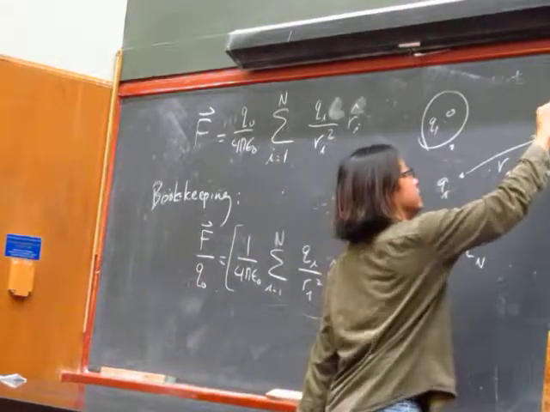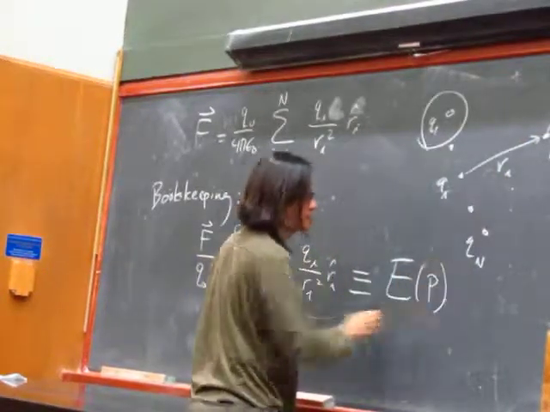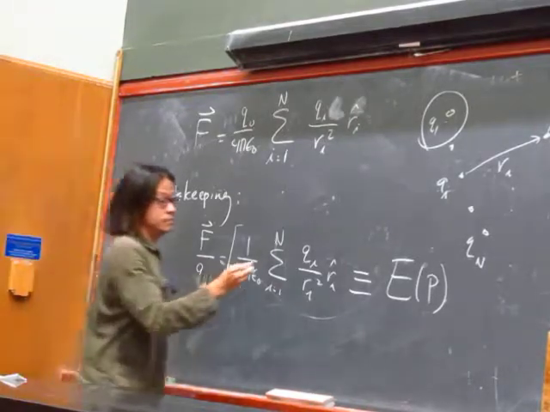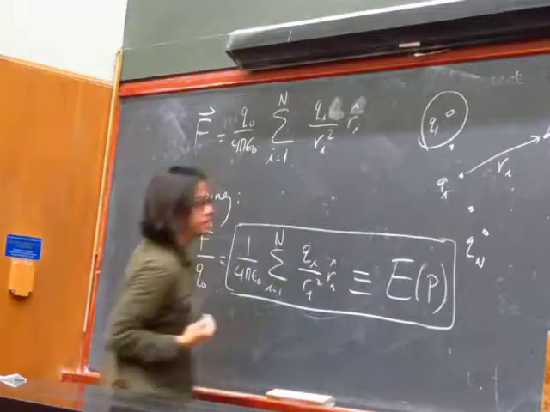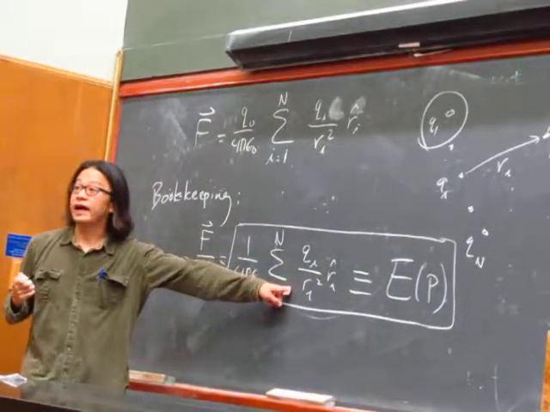Let's call this point P. Electric field at point P. That's the definition of it. As simple as that, right?